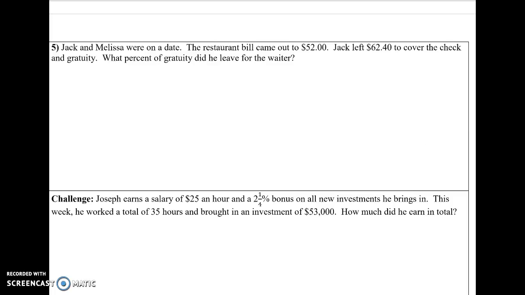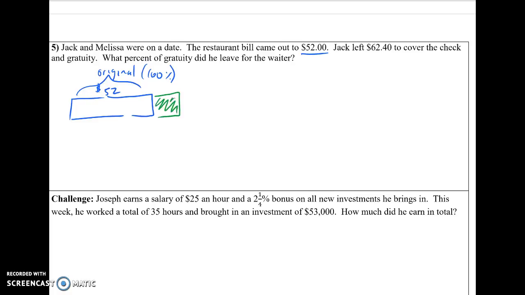All right, so let's start with a picture. Original bill, which is 100%. And that's also $52. So added on top of this will be a tip.